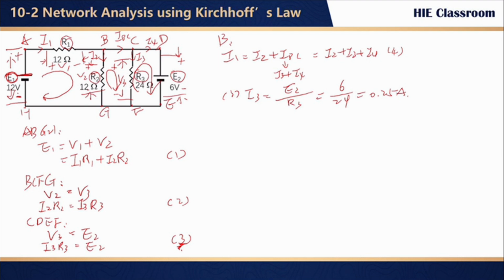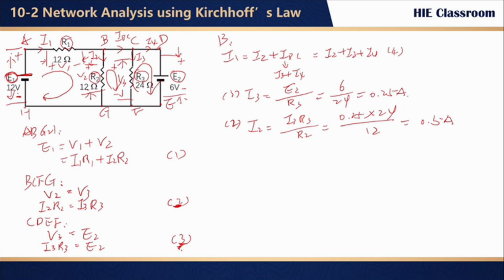Once we get I3 figured out, equation 2 can be solved. Here we have equation 2, so I2 equals I3 R3 over R2. Then we have 0.25 times 24 over 12, which is 0.5 amp.